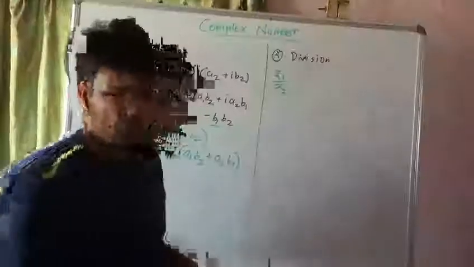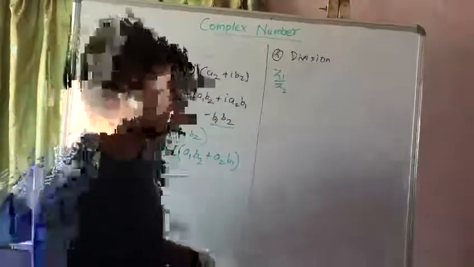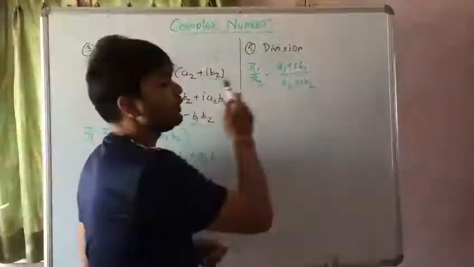It can be represented as simple division, z1 divided by z2. What is z1? a1 plus ib1, over a2 plus ib2. From here we cannot go further. To go further, we have to take the conjugate of the denominator.